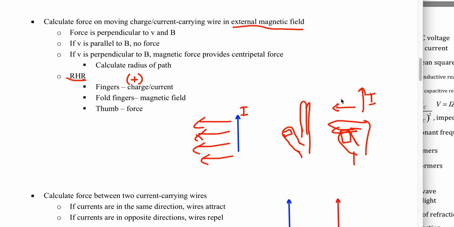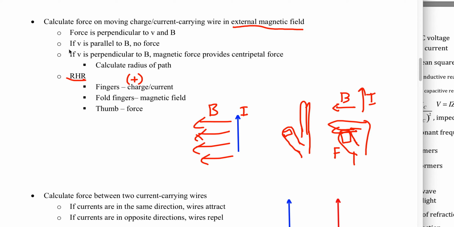They folded to the left for the field, and the thumb was out of the page, and that's the force. So this right-hand rule shows us that the force is perpendicular to both V and B, right? Out of the page is perpendicular to I, which is also V, the motion of the charge, and B.